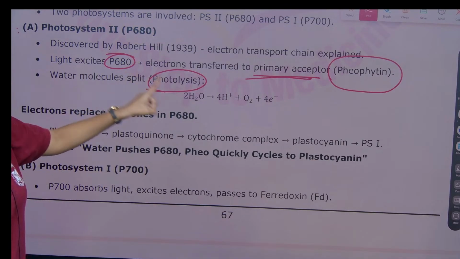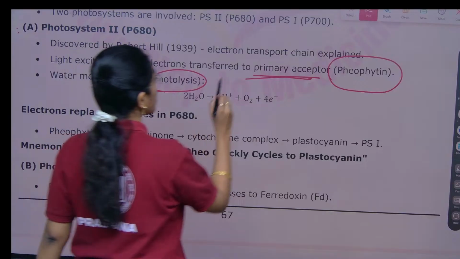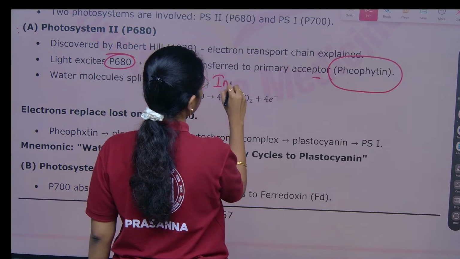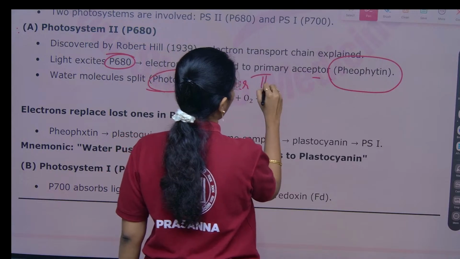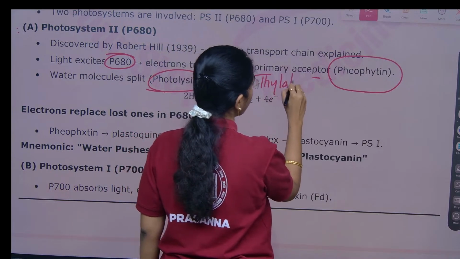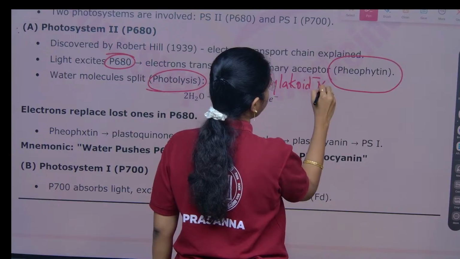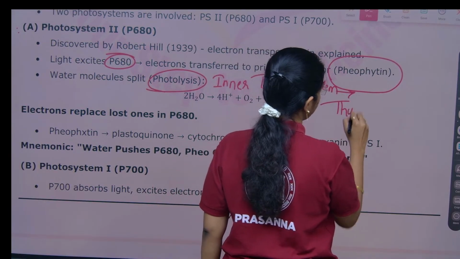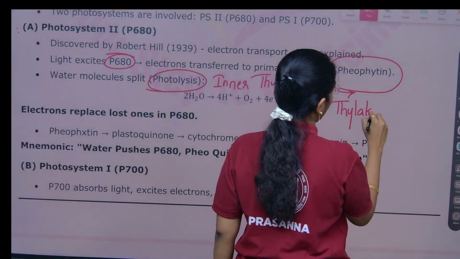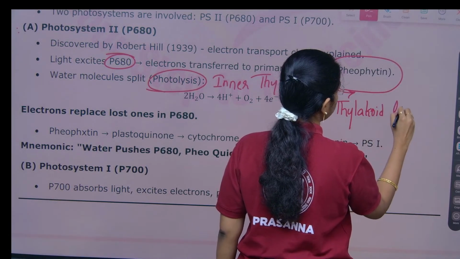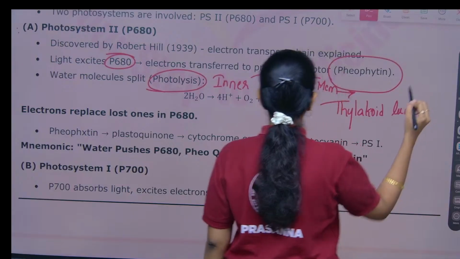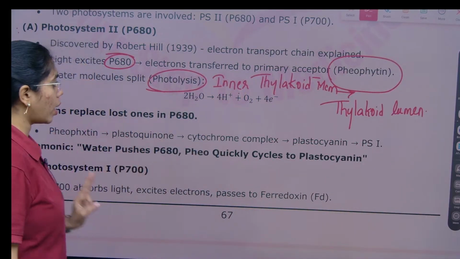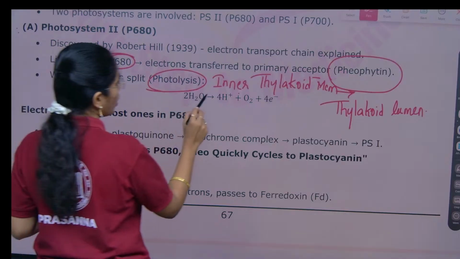Water molecule split, that is photolysis, happens in the inner membrane of the thylakoid, towards the thylakoid lumen. This occurs in the inner thylakoid membrane towards the thylakoid lumen, where photolysis of water takes place.